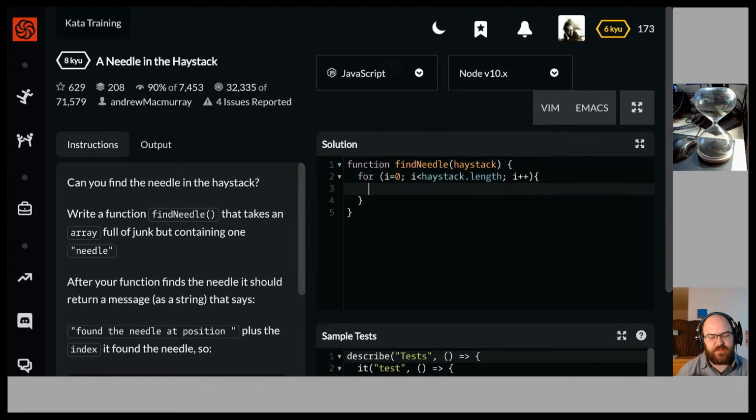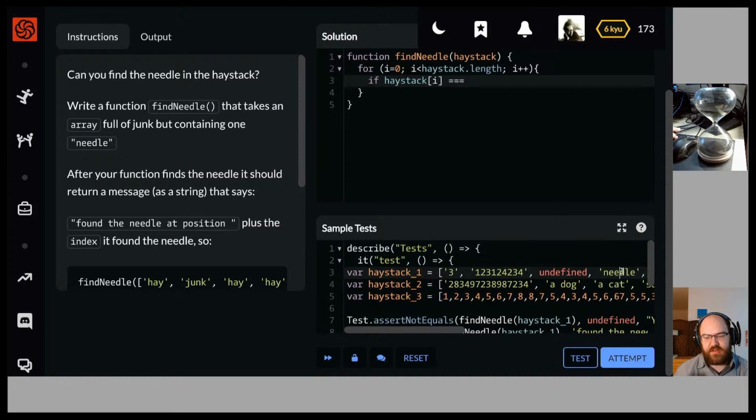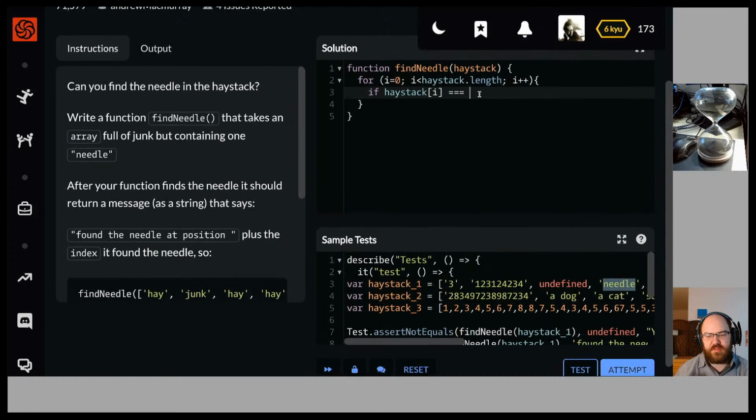No, we won't. haystack at position i triple equals. What is the, just needle, right? Needle.